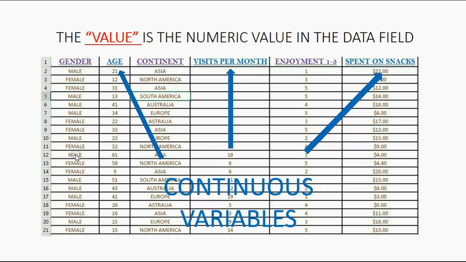Respondent number 12 is male and he visits the pool 18 times a month and he spends usually about $4 on snacks. So a continuous variable is all ready for you to be able to do math calculations and use statistical functions to be able to run an analysis.